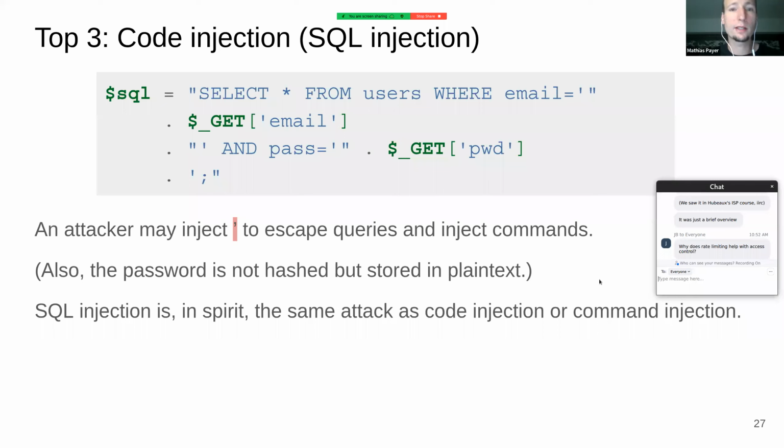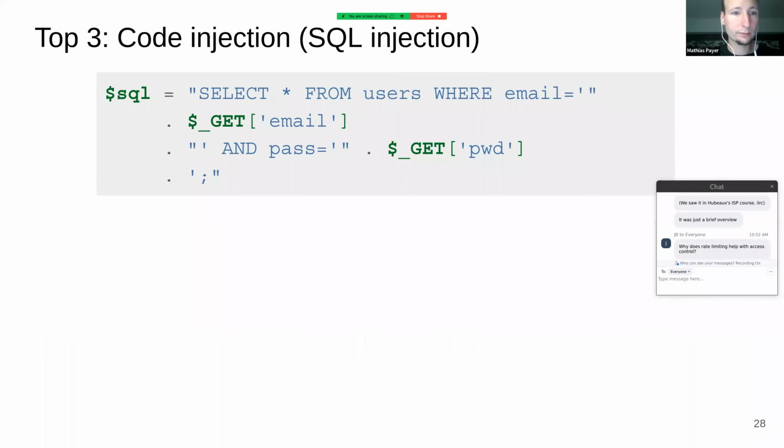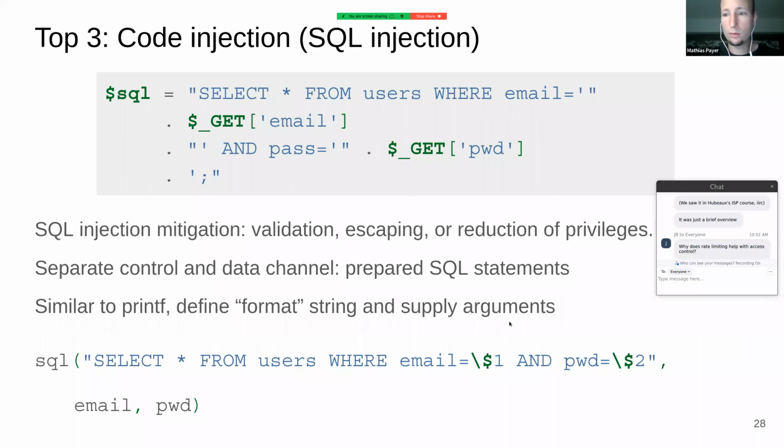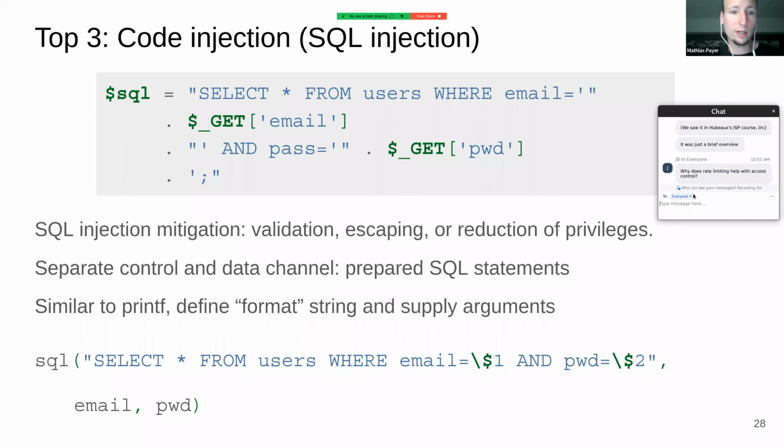So we don't want to execute attacker-controlled data as code. So to mitigate SQL injection, we can do validation, similar to command injection, escaping, similar to command injection, or reduction of privileges, similar to command injection.